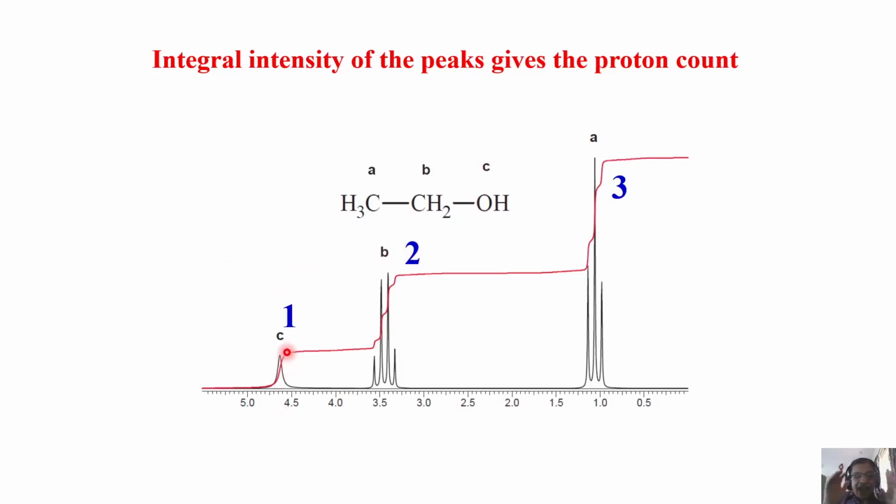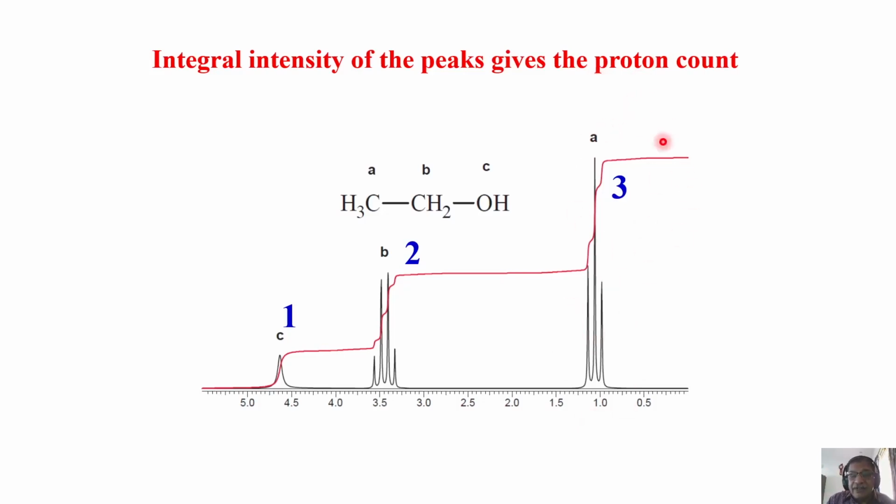That means if I take the integral area of the peaks corresponding to each of these groups, when you compare with another single proton or another group of the same molecule, you can find out the number of protons present. So the integral area of each peak gives you the proton count for that peak.